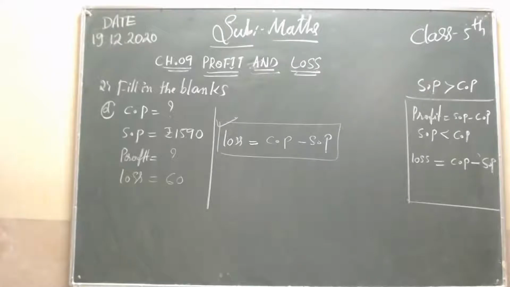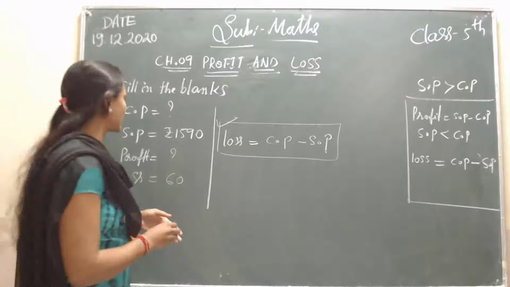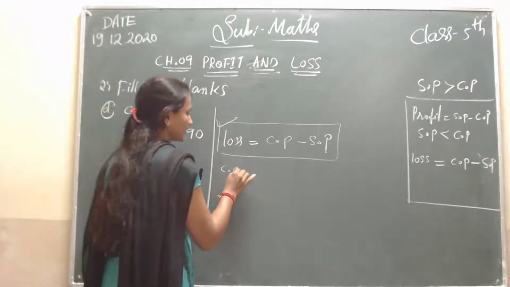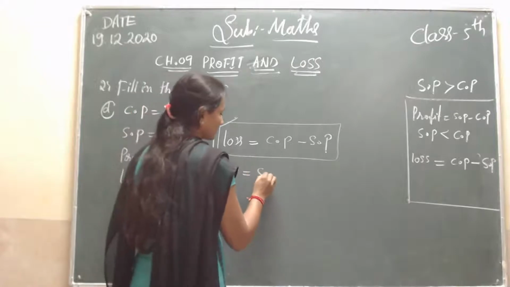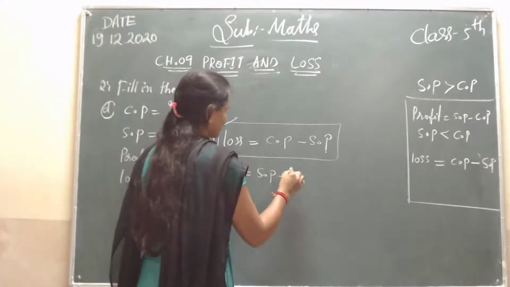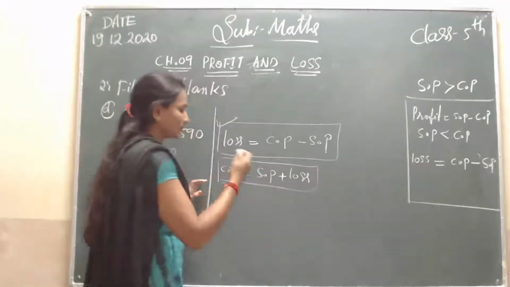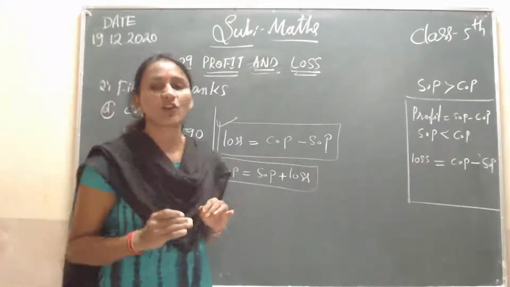You have to change the formula because you are calculating CP. So CP is equal to SP plus loss.